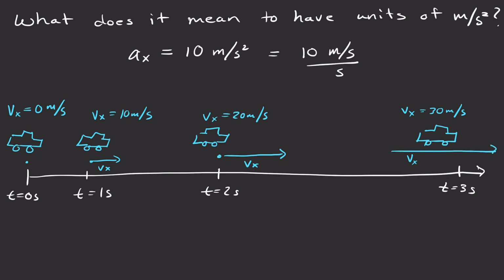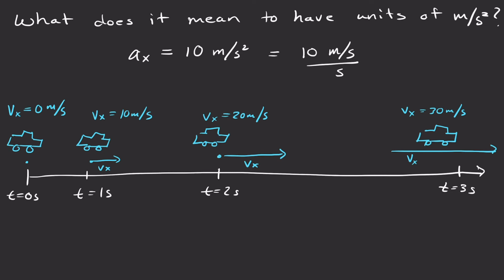Okay? And so the reason why I spaced these tick marks out is because every second it's going faster and faster, so it should cover more and more distance. Okay, so even though this is a time graph, it's meant to represent that the car is moving further and further away in every second because it's going faster and faster.